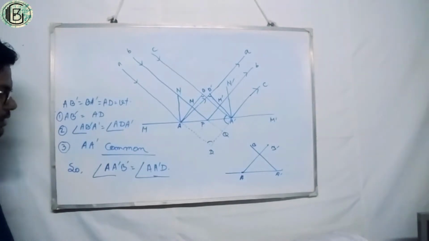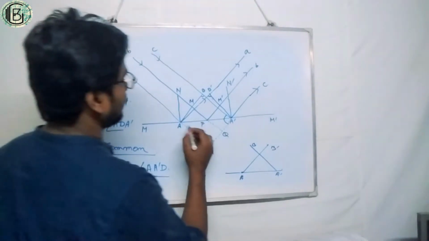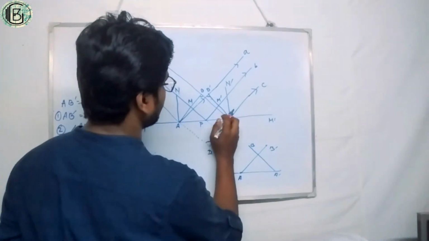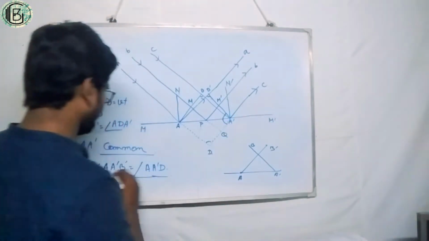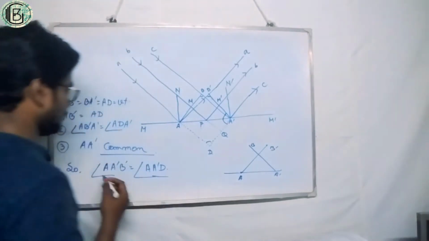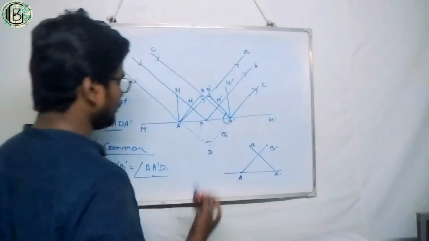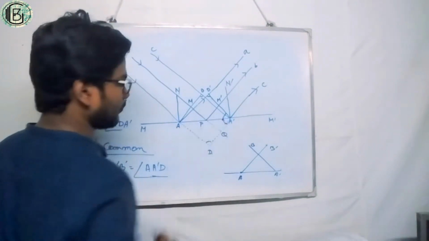A prime B prime equal to A prime D. So A prime B prime equal to A prime D. So these triangles are equal.